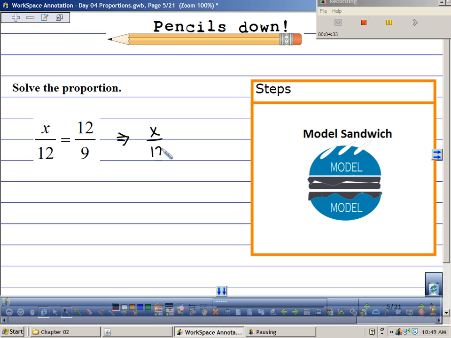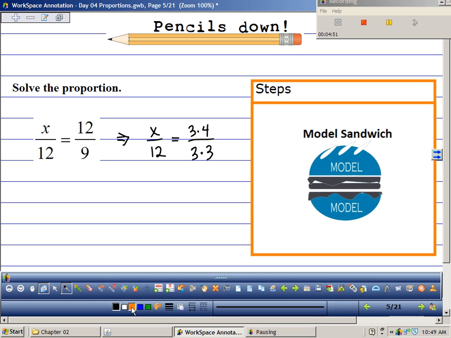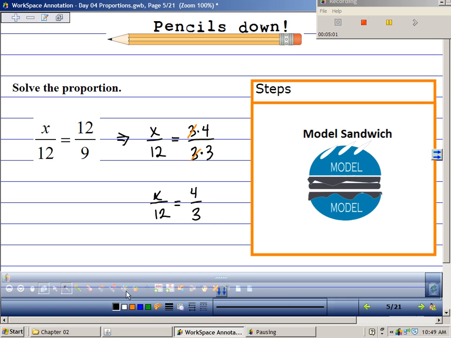So x over 12 equals, let's rewrite it, 3 times 4 over 3 times 3. Would it work if I put 6 times 2? No, you got to think of common numbers, factors that they have in common. 3 divided by 3 is 1. Now let's rewrite it. x divided by 12 equals 4 divided by 3.